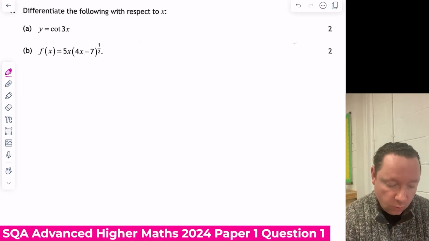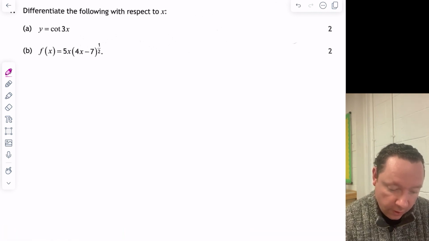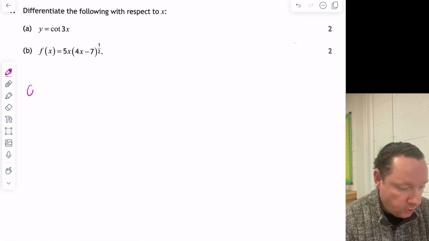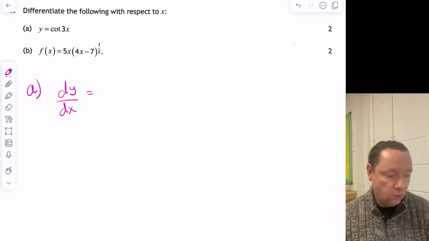Paper 1, question 1. Differentiate the following with respect to x: y equals cot 3x, and f of x equals 5x times the square root of 4x minus 7. So part A, we've got the chain rule to do here, so we've got dy by dx, and you check the start of the exam paper, and cot goes to minus cosec squared.